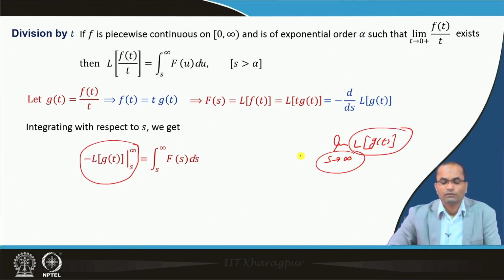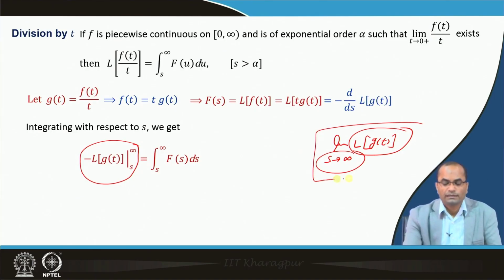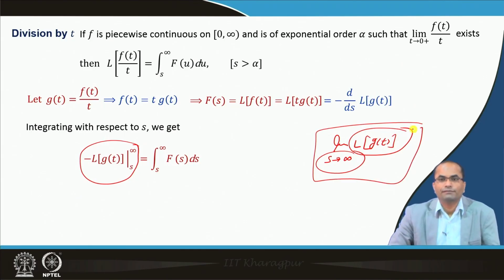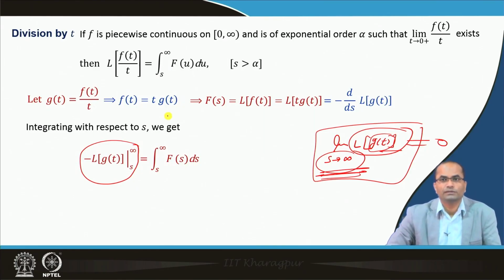And remember, in the result where we discussed the existence of the Laplace transform, we noticed that if a given function f t is a piecewise continuous function of exponential order, then its Laplace transform goes to 0 as s goes to infinity. So, here we have this function g t. Now, we have to see whether g t is piecewise continuous and of exponential order alpha.